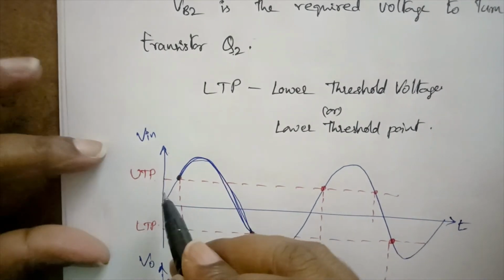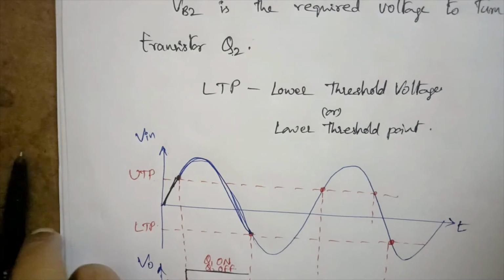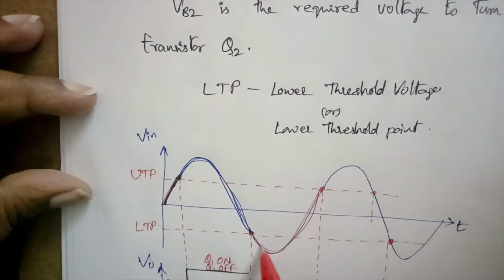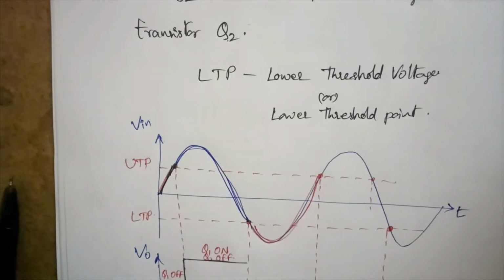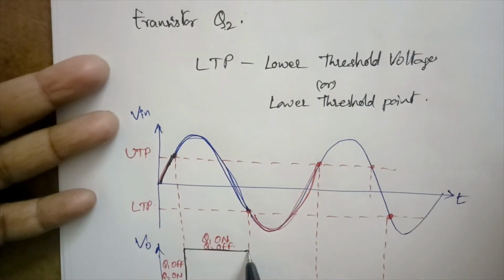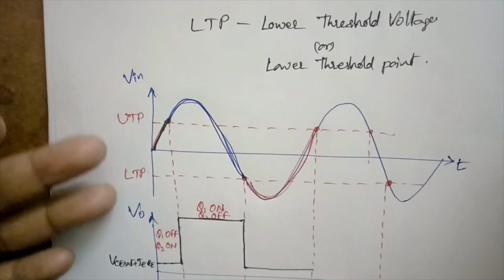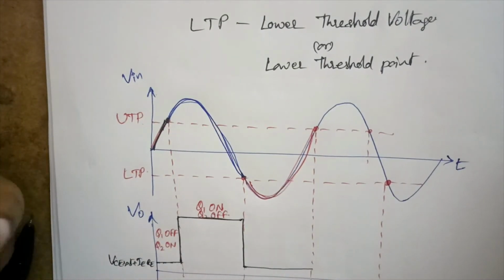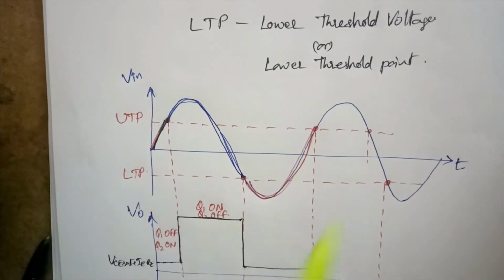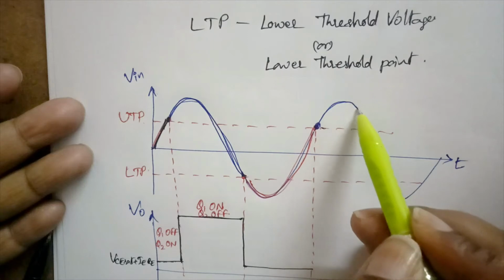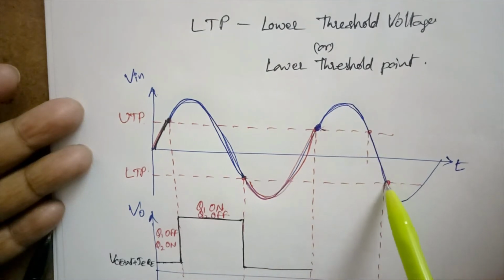So here Q2 is on, and now here also Q2 is on. At this point, the output is again VC SAT.